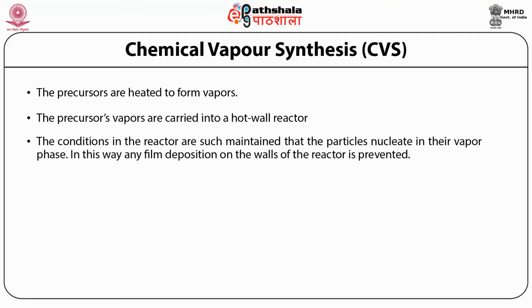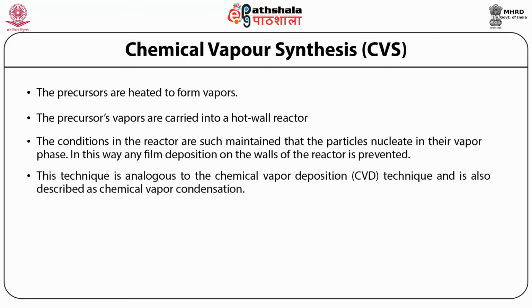In this way, any film deposition on the walls of the reactor is prevented. This technique is analogous to the chemical vapor deposition technique and is also described as chemical vapor condensation.